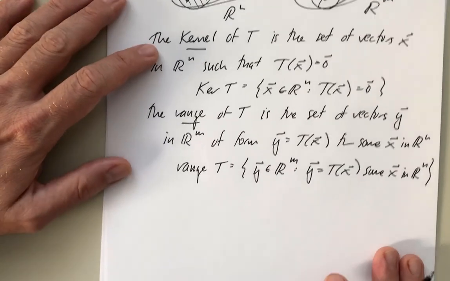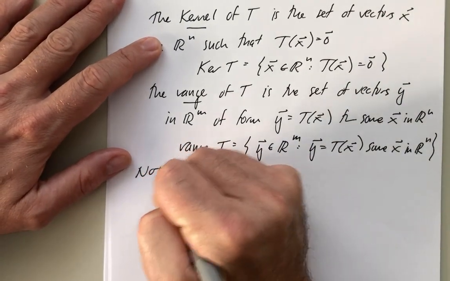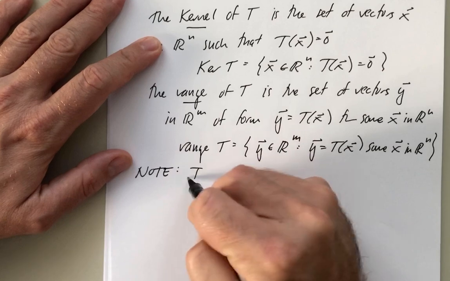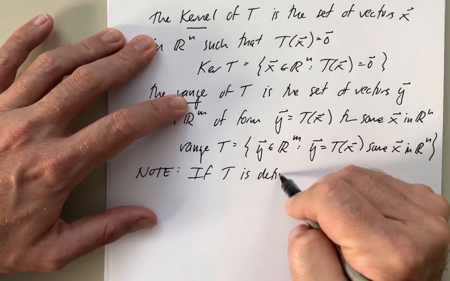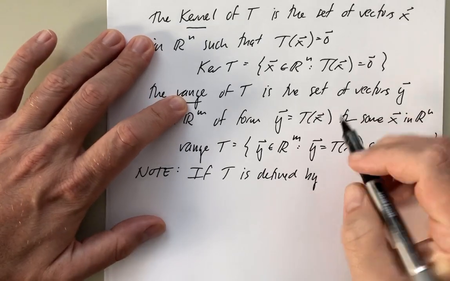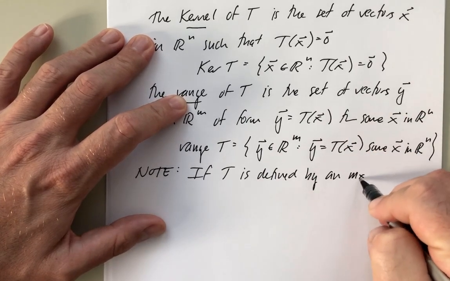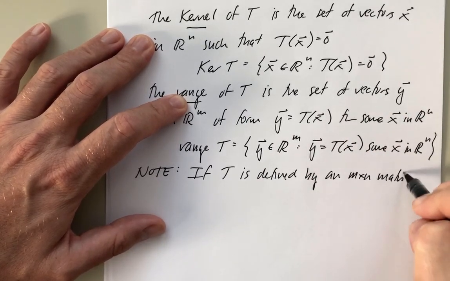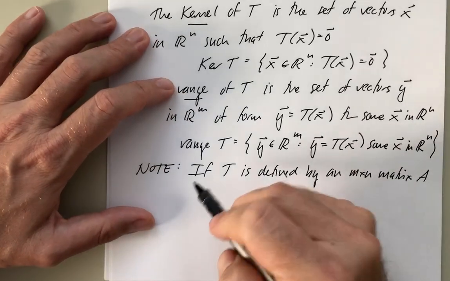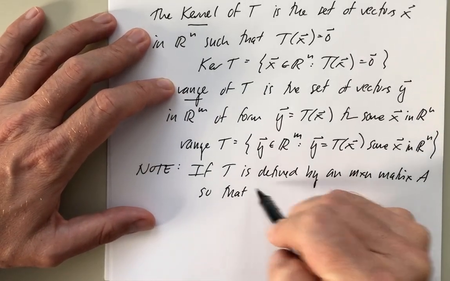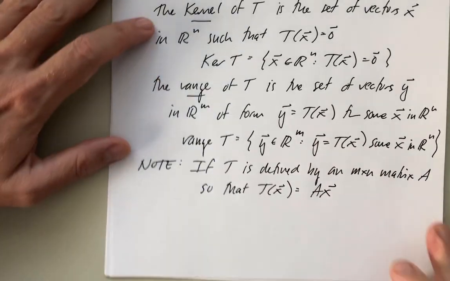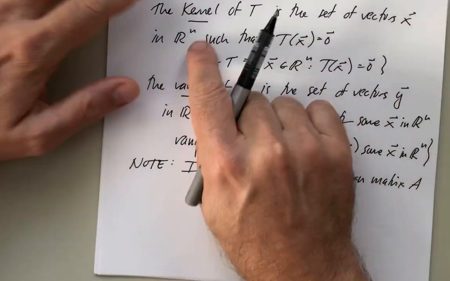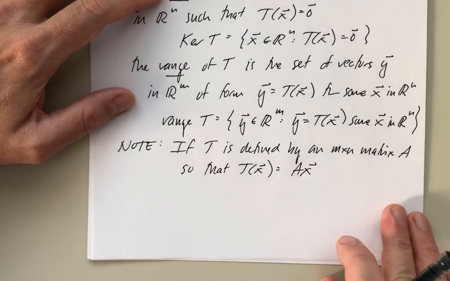The main thing I want to point out now is, note that if T is a linear transformation defined by an m by n matrix A, so that the transformation T of x is given by matrix multiplication, then these abstract notions of kernel and range are actually things we know and love.